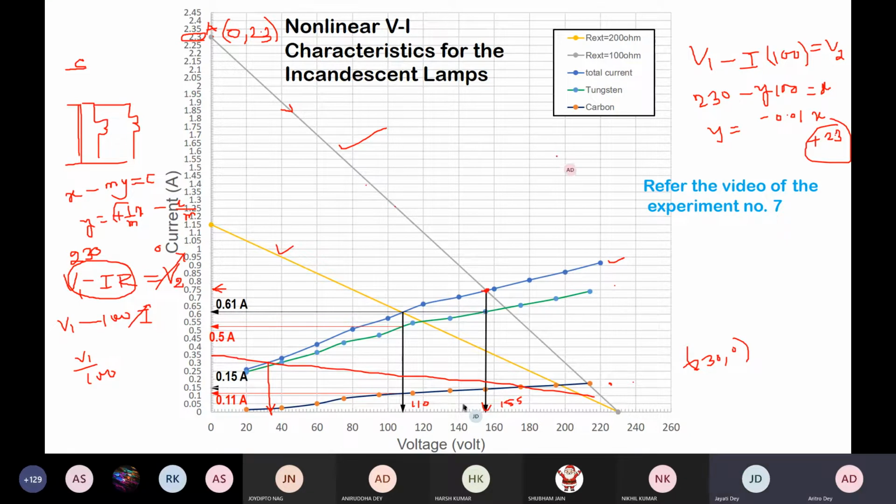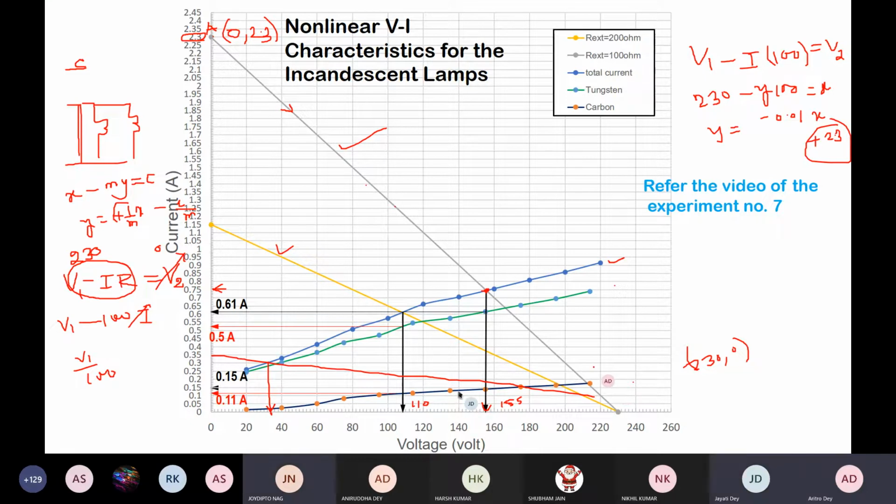When you drop the perpendicular on the V2 axis from this intersection point, it also gives you the individual current flowing through these two parallel branches, which is nothing but the lamps.